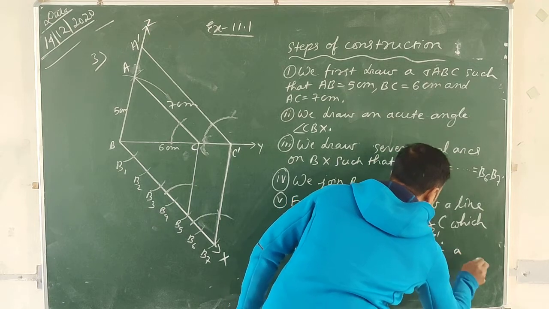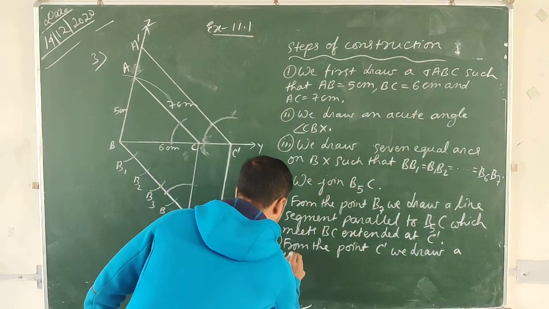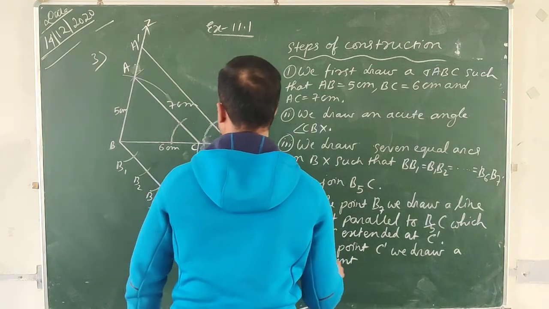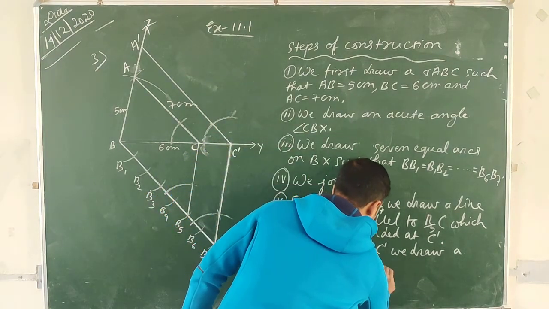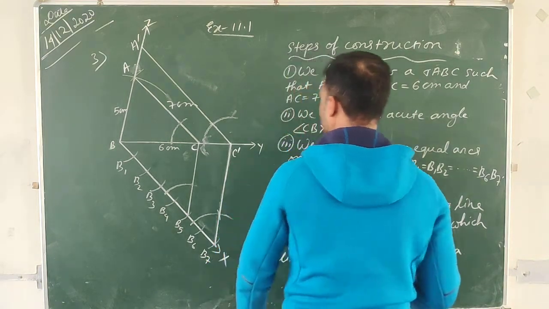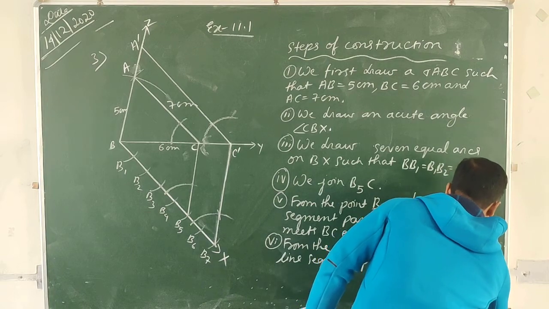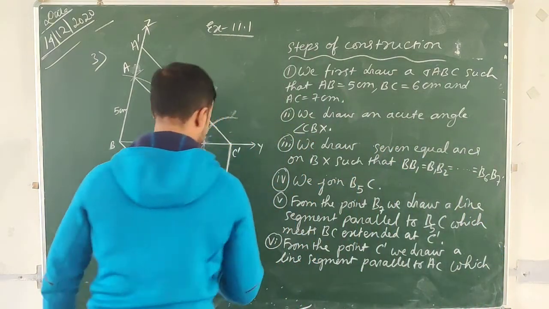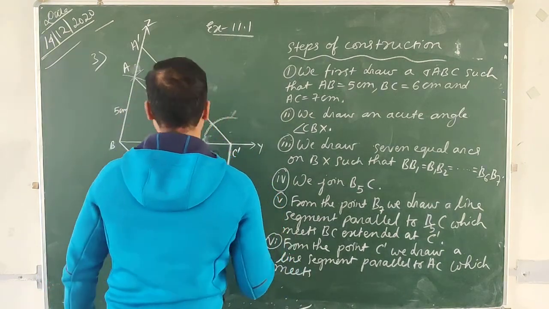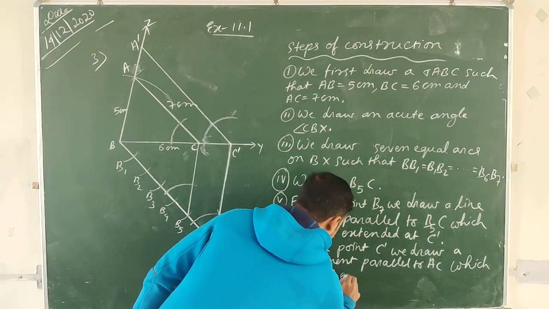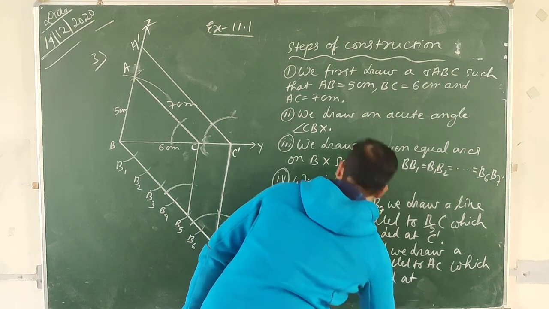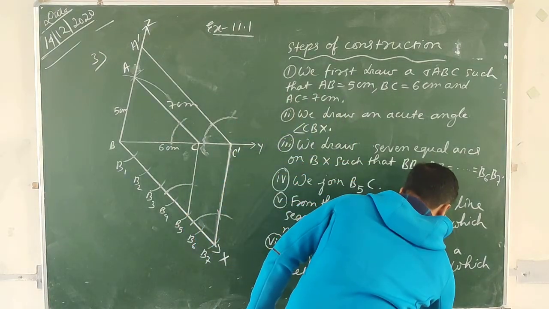we draw a line segment parallel to AC, which makes BA extended at A dash.